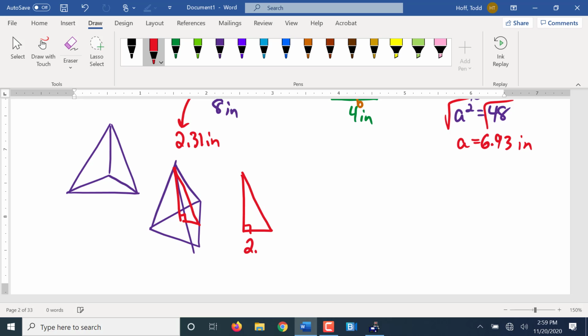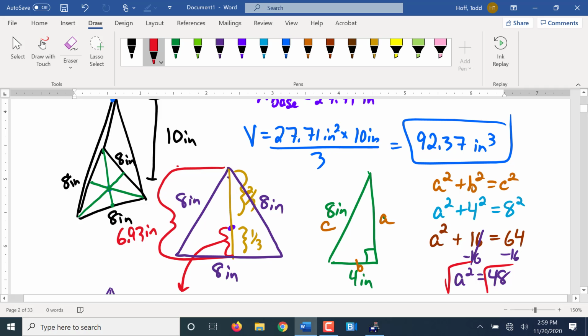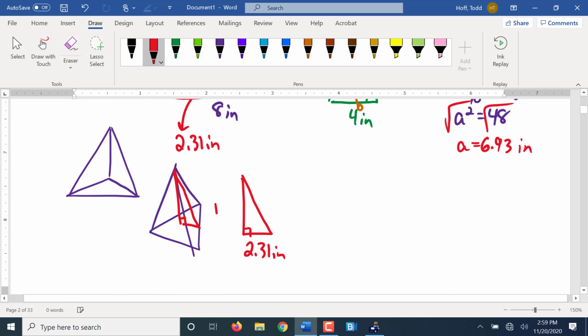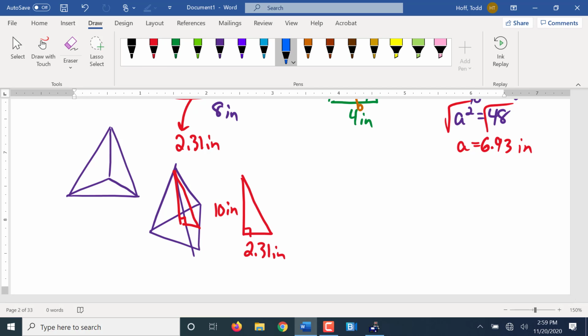This distance down here is the 2.31 inches. And of course, we have the height of 10 inches. We would use that to find the slant. Find the slant for me quick. $10.26 inches.